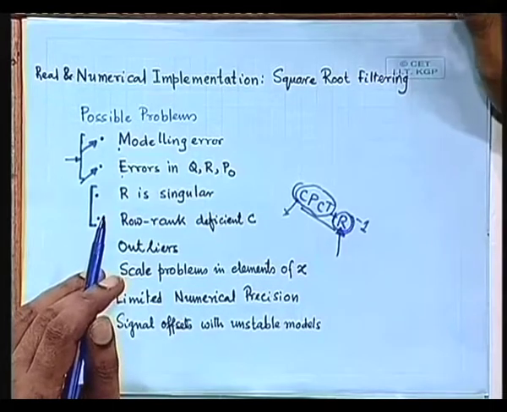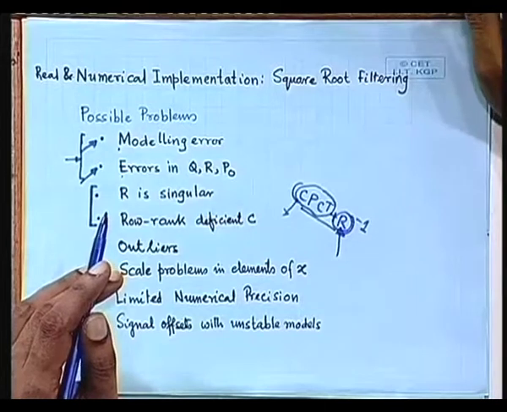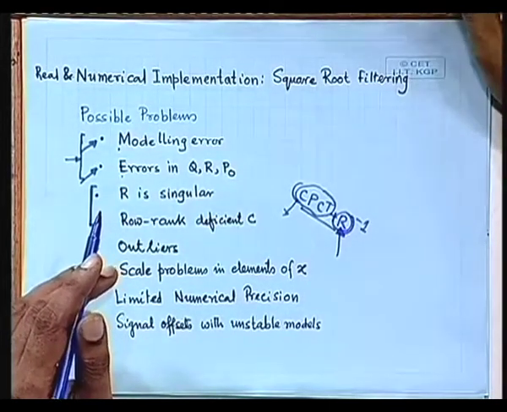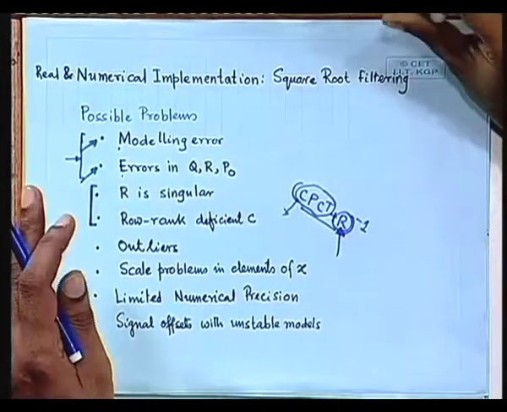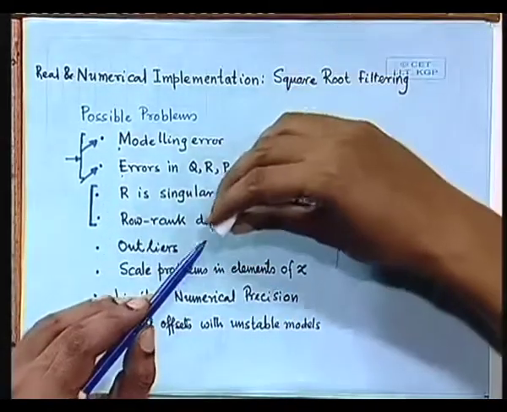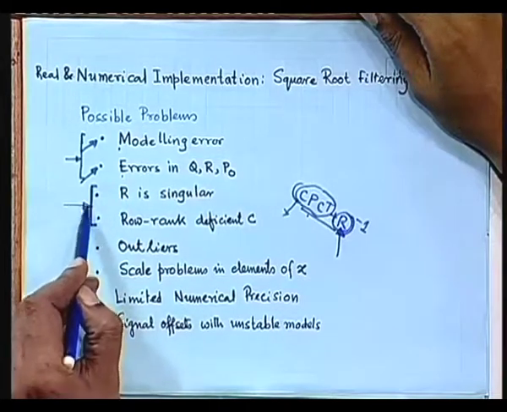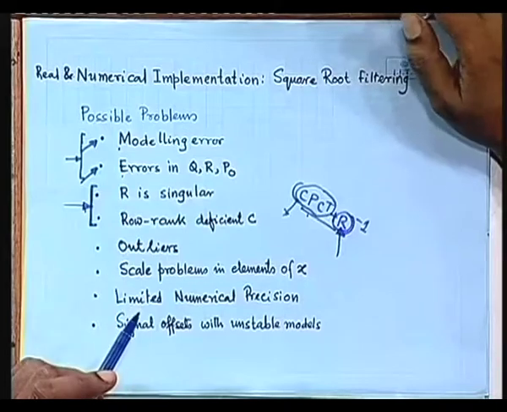Which means that you are using a third measurement which is really redundant, because the third measurement you can always generate by taking suitable sums of the other two measurements. In that case you should delete the third measurement, not use it, because this might lead to singularities. So these two can give you numerical problems of non-invertibility of matrices, right.